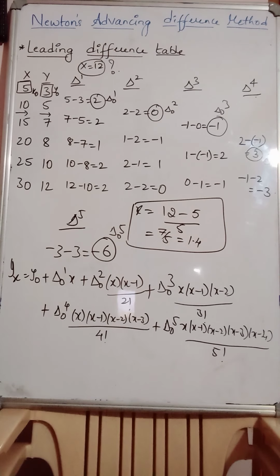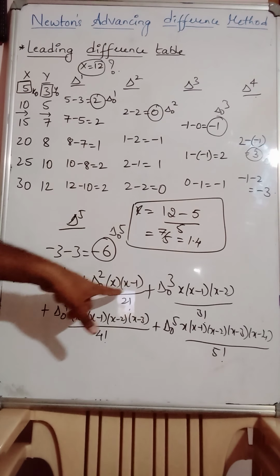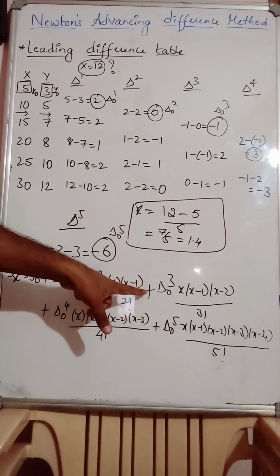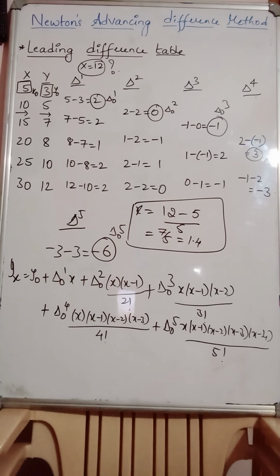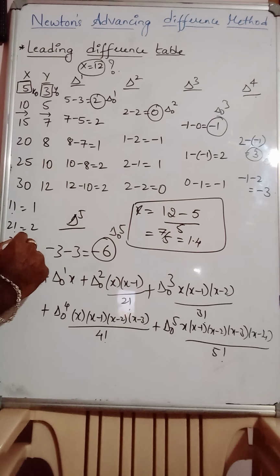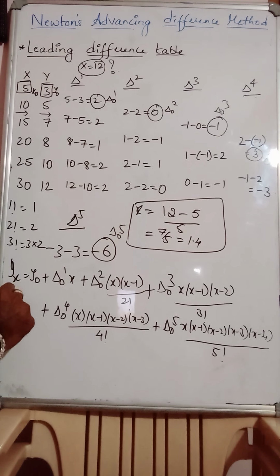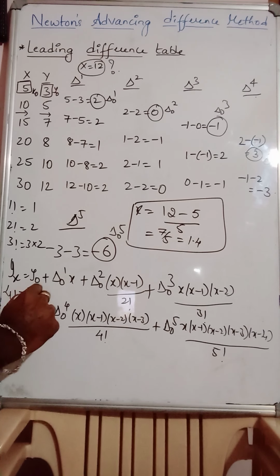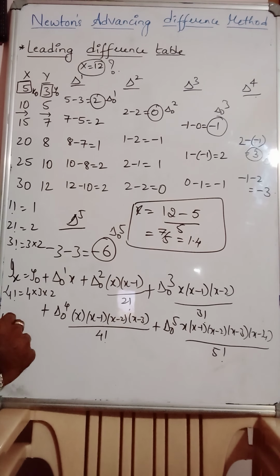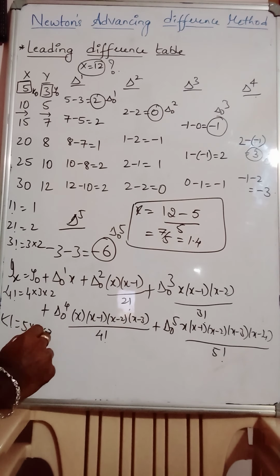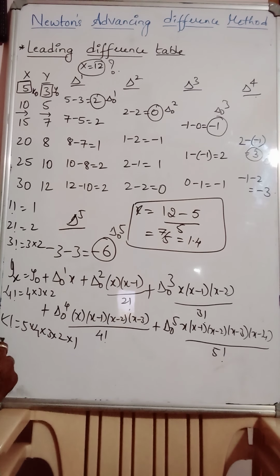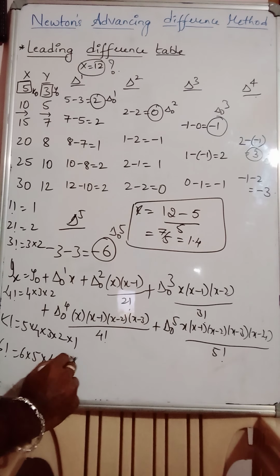You understand, guys? So that x value 1.4 you substitute here. Next, x minus 1 means 1.4 into 1.4 minus 1 divided by 2 factorial. You know how to calculate factorials, right? 1 factorial is 1, 2 factorial is 2, 3 factorial is 3 into 2, 4 factorial is 4 into 3 into 2, 5 factorial is 5 into 4 into 3 into 2 into 1. 6 factorial is 6 into 5 into 4 into 3 into 2 into 1.